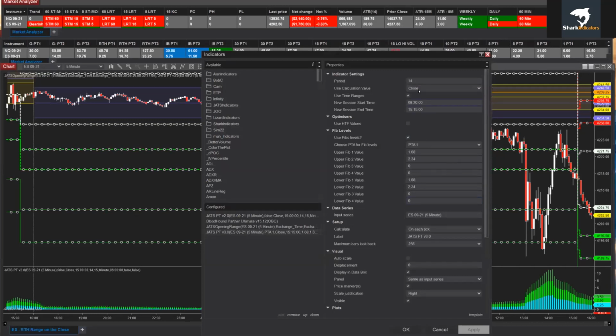You can choose 14, 27, anything that you would like. You have control, as well as whether you want to calculate that range from the open or the close. So especially when you're doing a custom time period, the 1 hour initial balance or something like that, you want to start the distribution off the open.